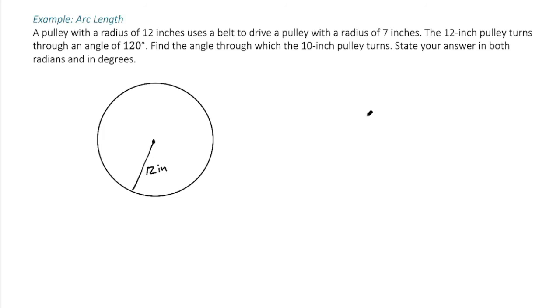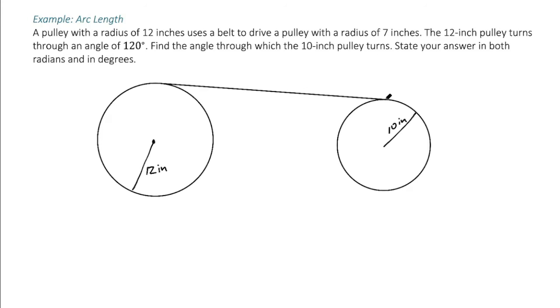And I've got another one of radius 10 inches. And we've got a belt that's connecting these, and so we can think of it as kind of going around, this belt that's wrapping around the two.